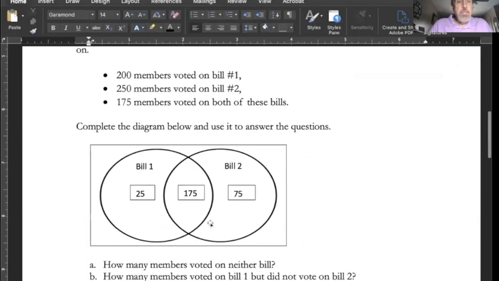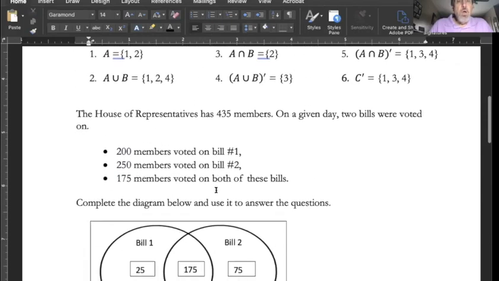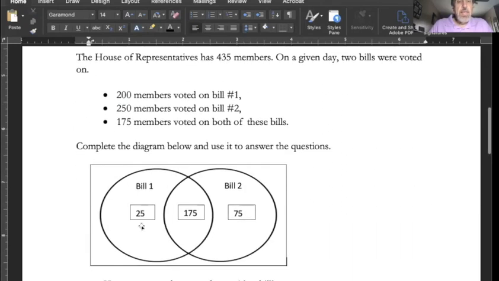All right, now, not quite done yet. Let's add these numbers together. 25 plus 175 is 200. Those are the 200 people who voted on bill number 1. So there's 200 people here plus another 75. That's a total of 275 people. But there are 435 people in the House of Representatives. This only accounts for 275 of them. So where are the other 160 people?